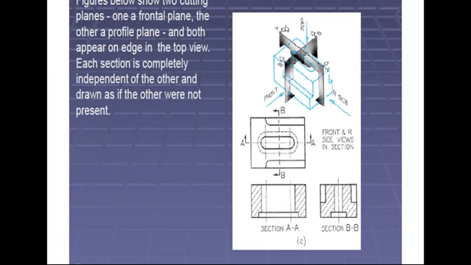First of all, we will consider this sectional view A. For the first figure, we remove this portion, and it looks like this one. We do hatching here and here. And when you draw a side view, this is the side view.